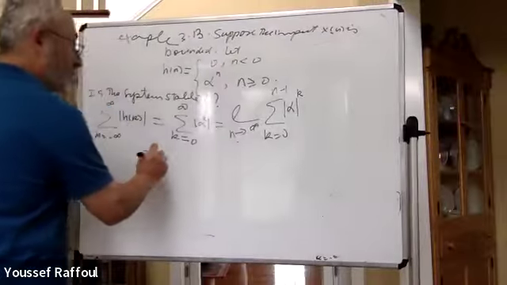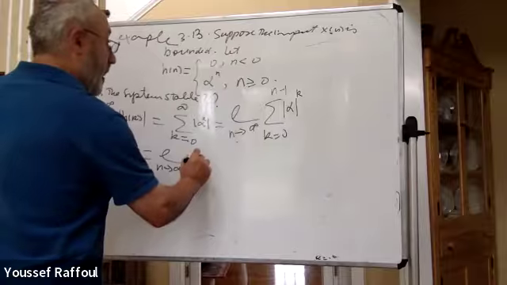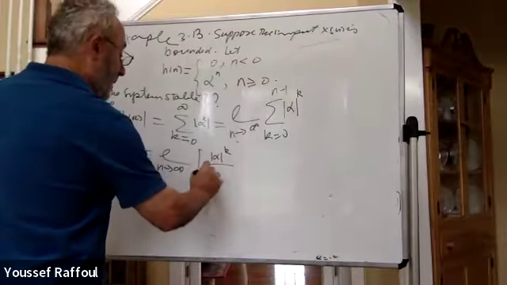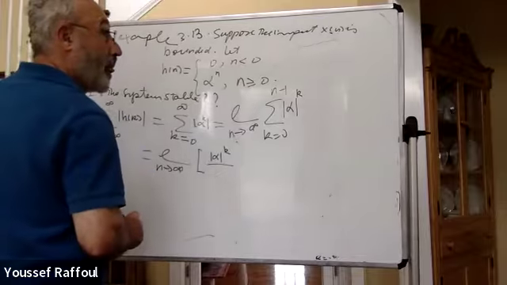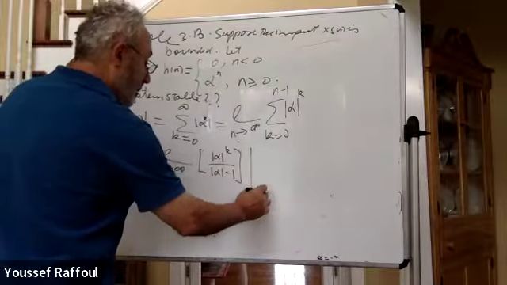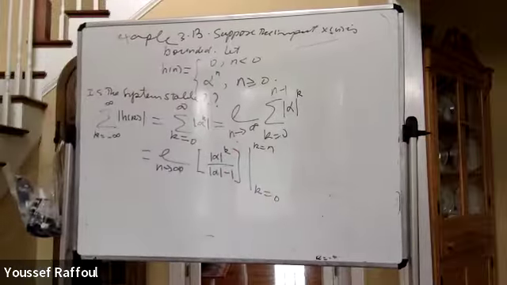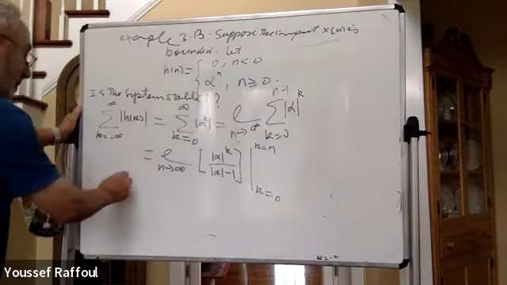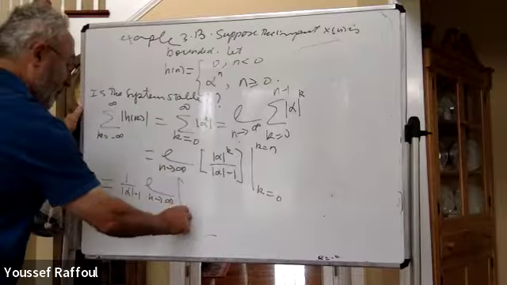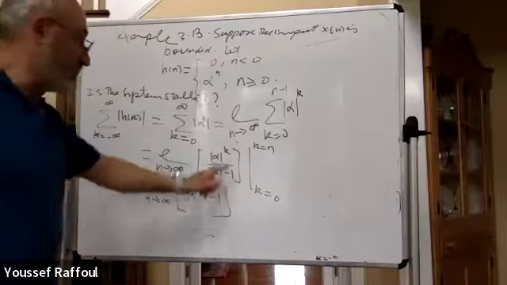And we know this is the limit as n goes to infinity of alpha to the k over alpha minus 1 from k equals 0 to k equals n. And that is 1 over alpha minus 1, the limit as n goes to infinity of alpha to the n minus 1. If you put k equals 0, you get 1.